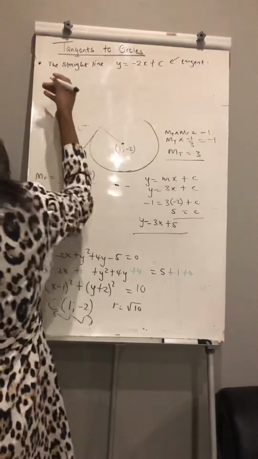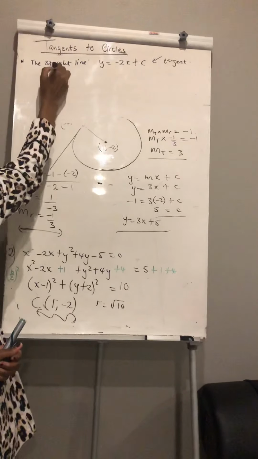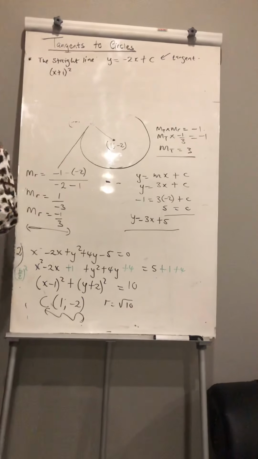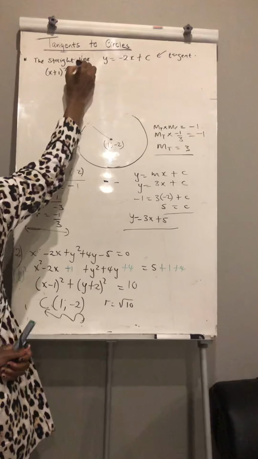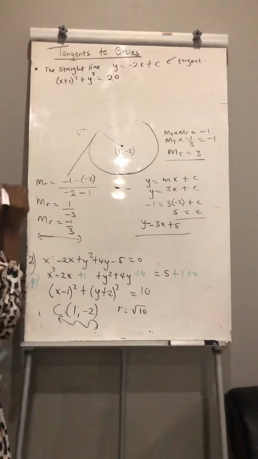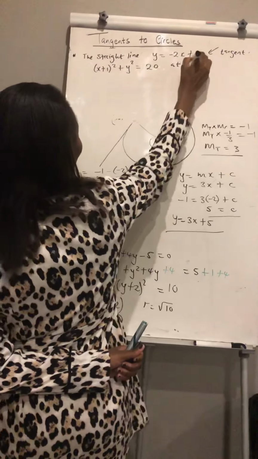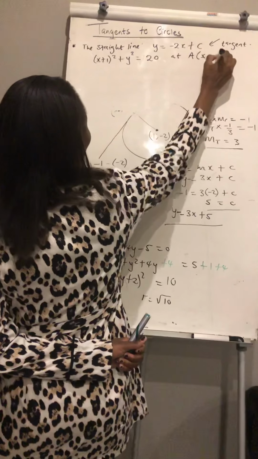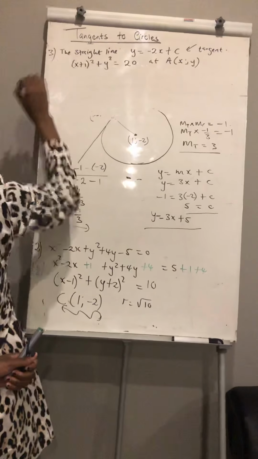And let's find the equation of a circle. The equation of a circle is given to us as (x plus 1) squared plus y squared is equal to 20, something of this sort. And you are told that this is a tangent at point A, which is (x, y). There are two things that you'll be expected to find here.